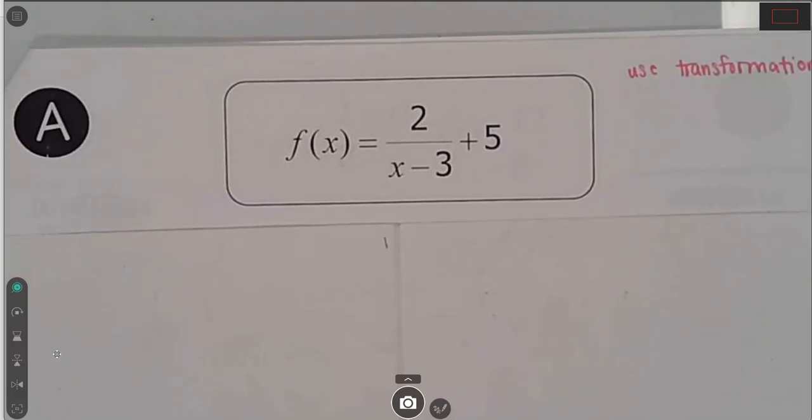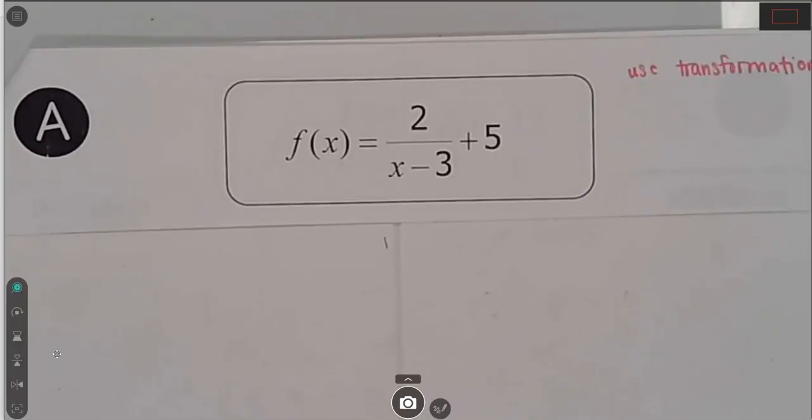Okay, so using that information, do you guys feel like you can come up with the horizontal and vertical asymptotes? Normally, the vertical asymptote is at 0, the horizontal asymptote is at 0. Can you come up with the vertical and horizontal asymptotes after the transformation? On your whiteboards, please give me the asymptotes.